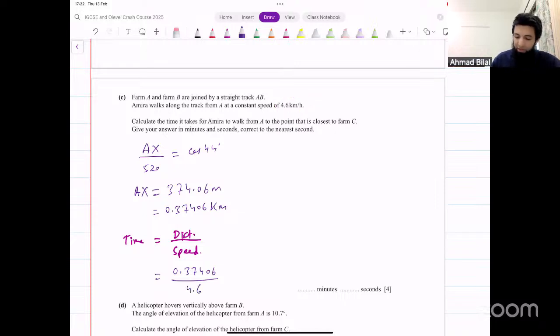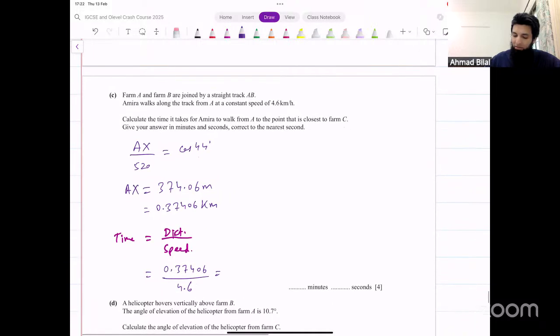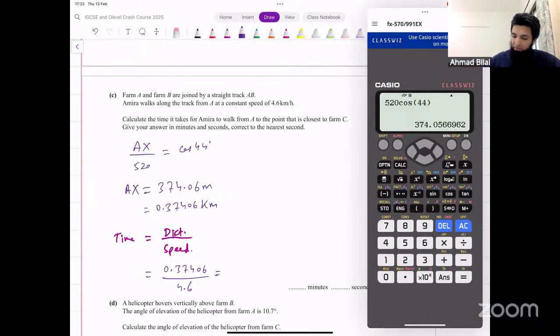Let's see what we get from that. So this is the distance, 0.37406. Divide that by 4.6. And that gives you 0.08132. This is in hours.